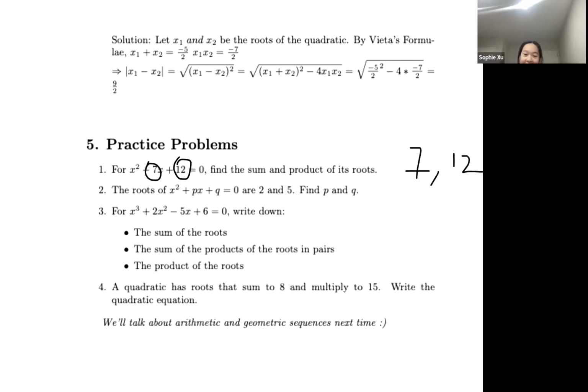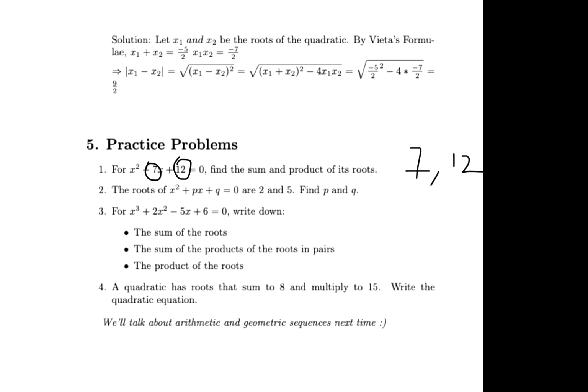So basically, if the roots are 2 and 5, the sum of the roots is 7, which is negative b over a. Since a is just 1, then b equals negative 7.